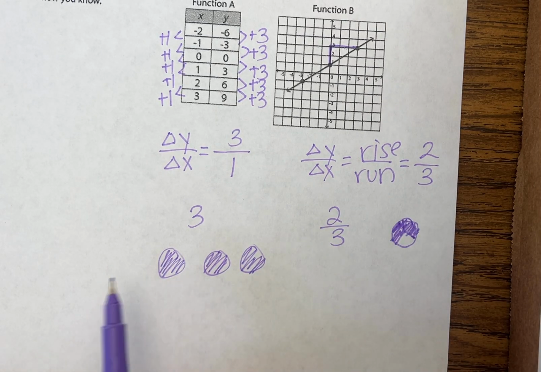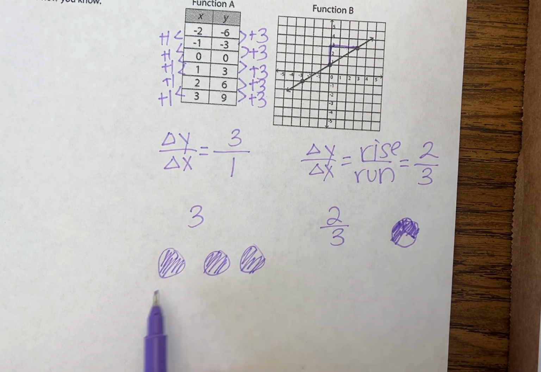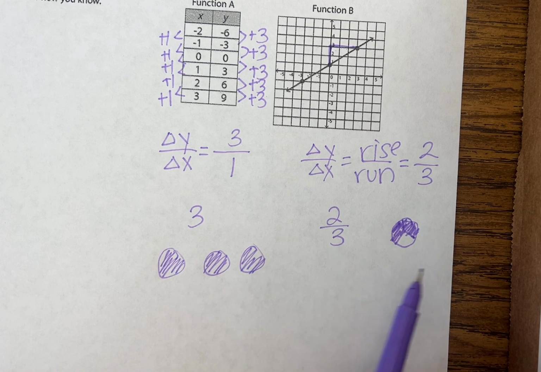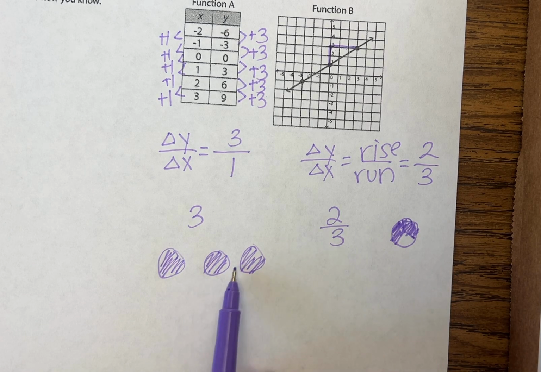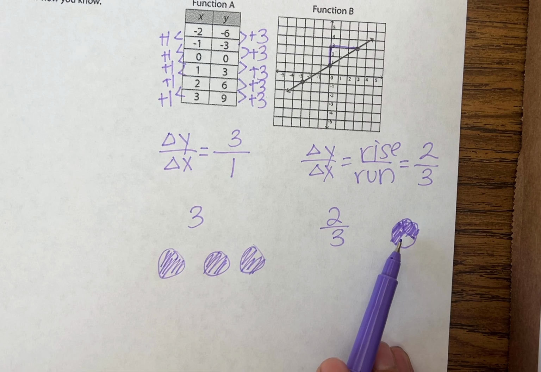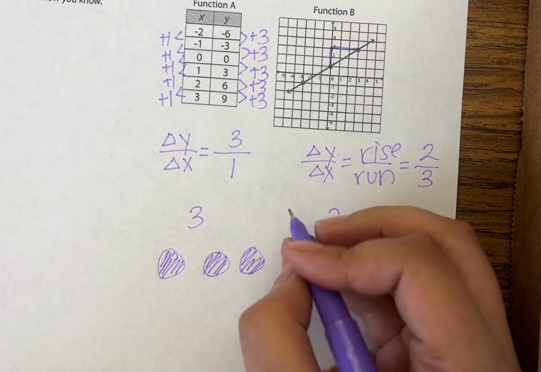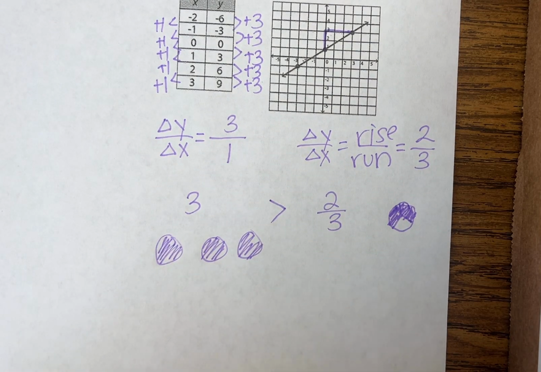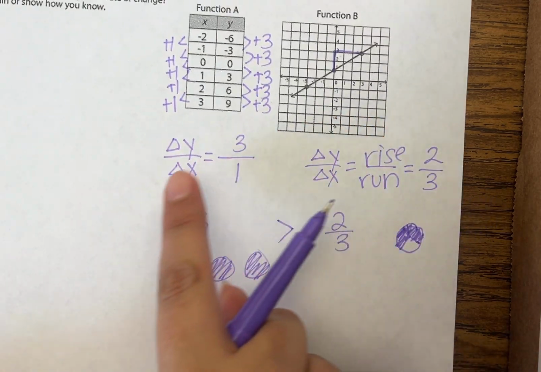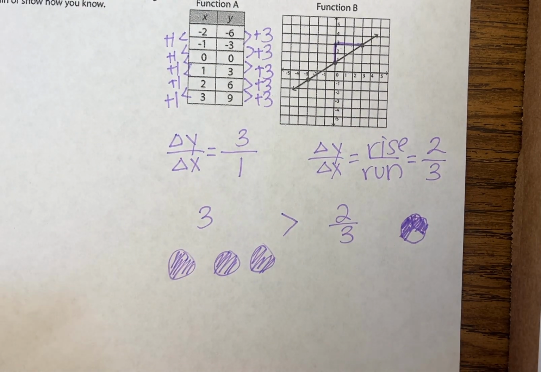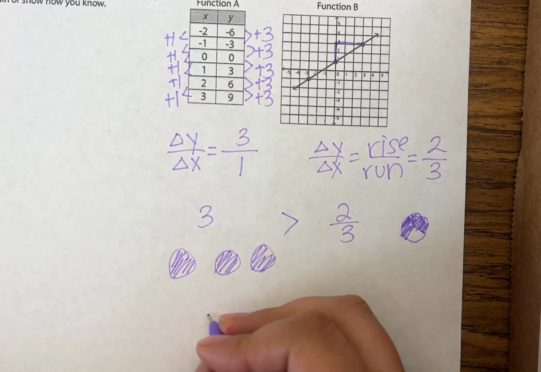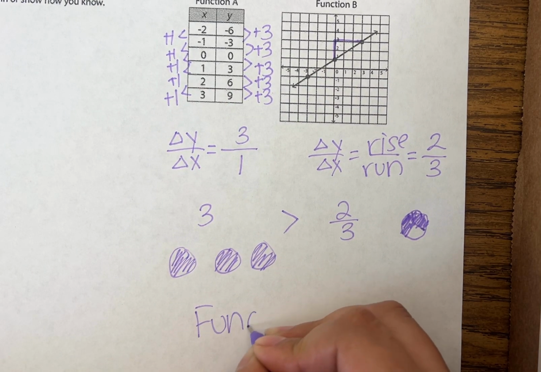So, which one has the greater rate of change? In this case, ¿cuál tiene más pizzas? ¿La que tiene 3 o la que se comió 2 partes de una pizza? This one right here, right? So I would just put it like that. So, ¿cuál tiene mejor? ¿Cuál tiene un rédito más grande? You would put function A.